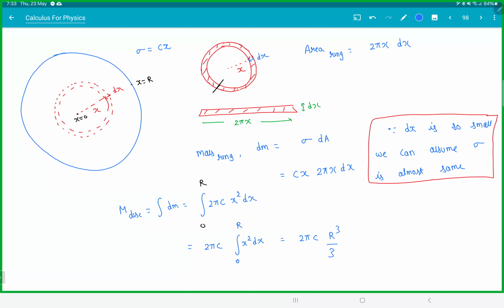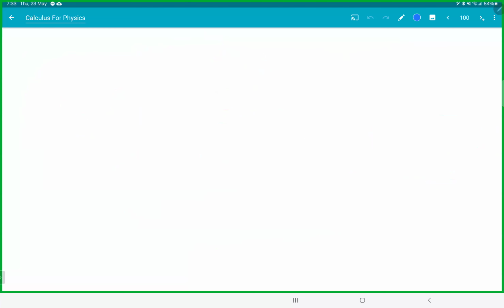Let's see. Idea is the same story. I'm going to repeat it again. So take a disk, at a distance x from center. Take a thin ring of thickness dx.